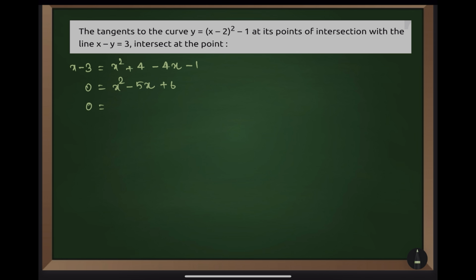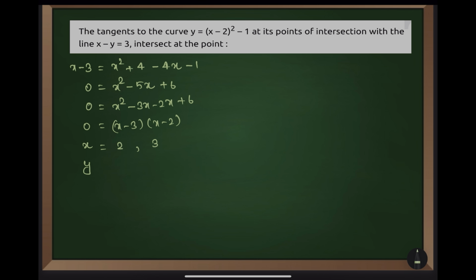So you can write x square minus 3x minus 2x plus 6. So it will become (x minus 3)(x minus 2). So the two curves will intersect at x equals 2 and x equals 3.